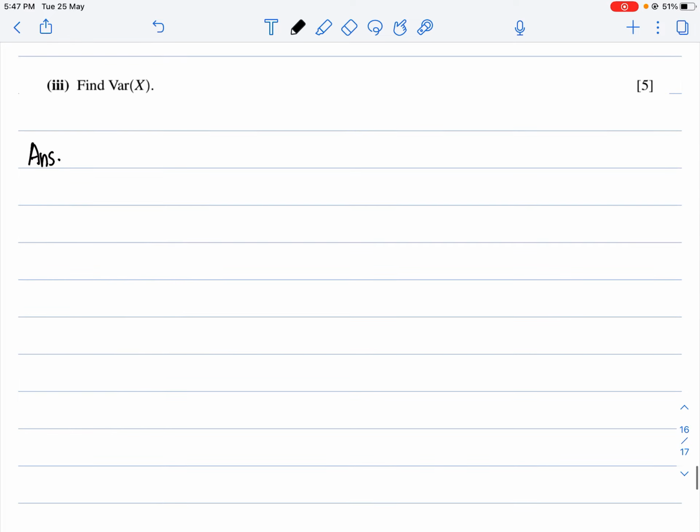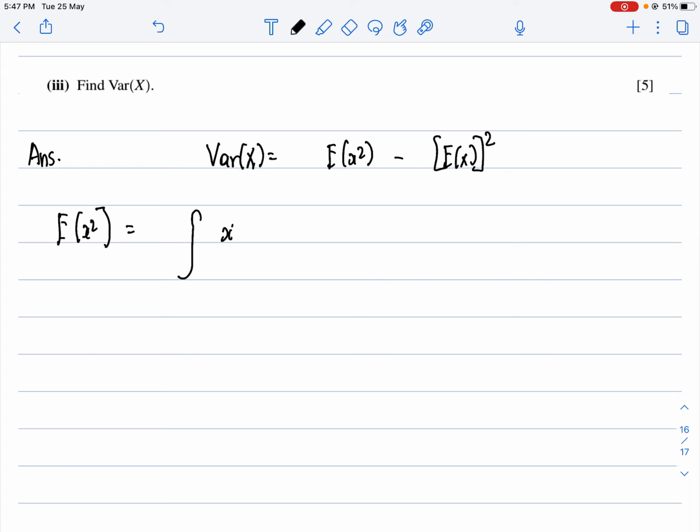Now I need the variance of x. The variance of x formula is basically equal to the E of x square minus the mean whole square. So E of x square is given by the formula, the integration of x square into the f of x.